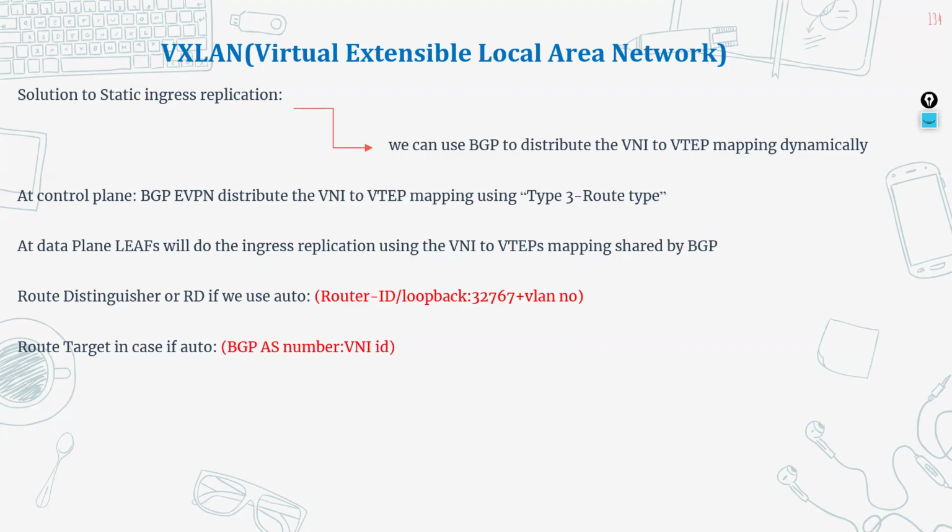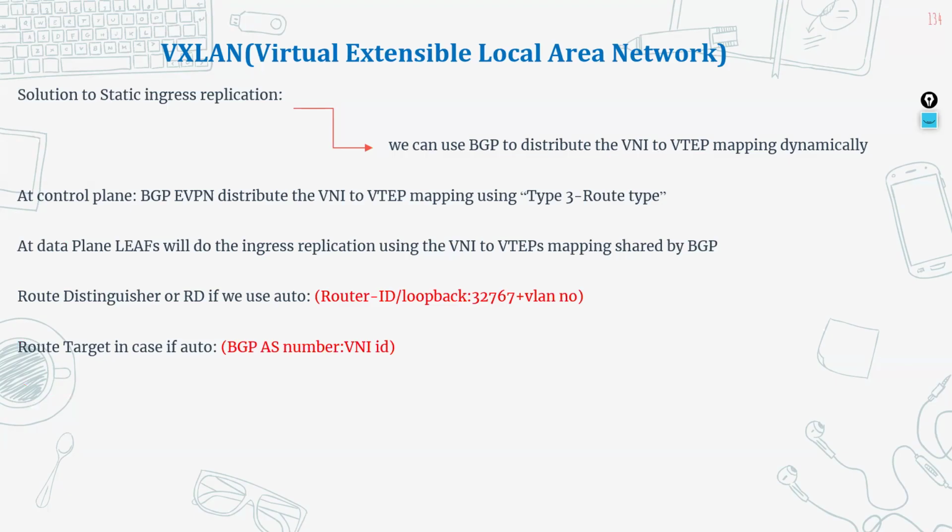Like in MPLS, let's say we have VRF1 and the RD is 1:1, then we have VRF2 with the RD value 2:2. So in the BGP table, we can see the segregation for different RDs. Likewise, here also we'll see RD values for different VNIs so that the information will not get mixed.